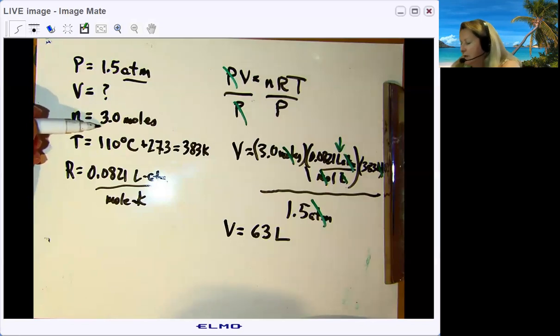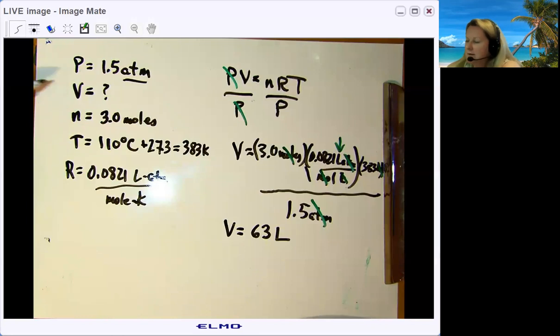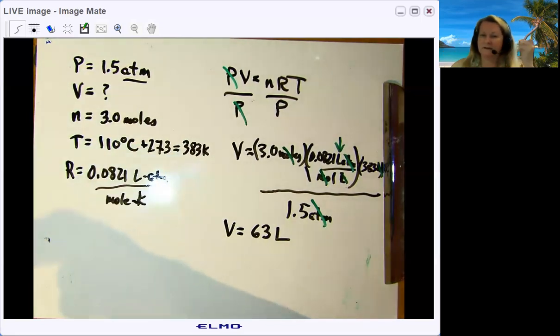So if we had 3 moles, we'd expect somewhere around 66 liters, but in this problem, we've got it under increased pressure, so that's going to squeeze the gas down a little bit and take our number below 66. But we're also heating up the gas past boiling, and that's going to make it expand again. So we would expect something in the ballpark of around 60 something, and we do. So that answer kind of makes sense.